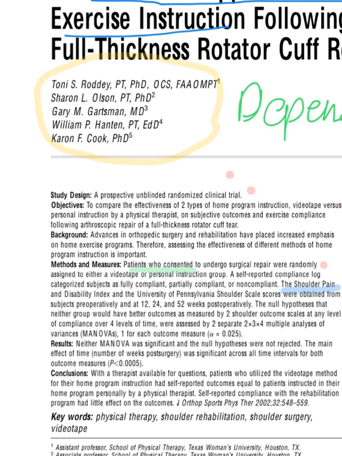And then here we have the shoulder pain and disability index and the shoulder scale scores. These are the outcome measures that were used. So in the beginning of the study, they would have asked the patients to rate their disability, and the shoulder scale score, I'm not quite sure what that one is, but it's an outcome scale.